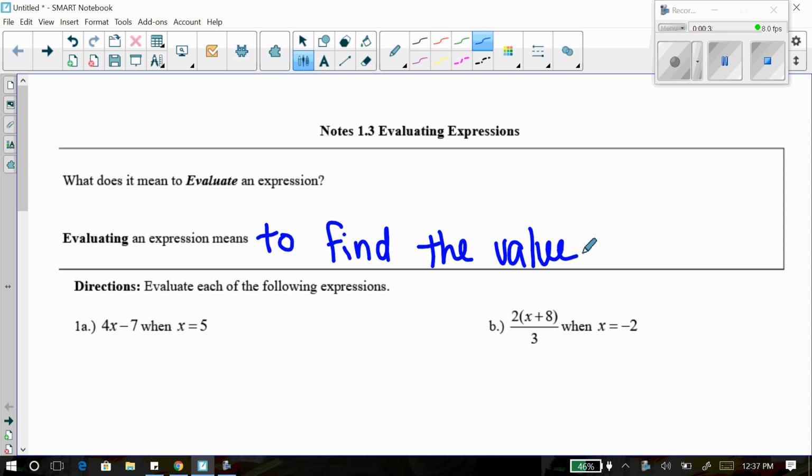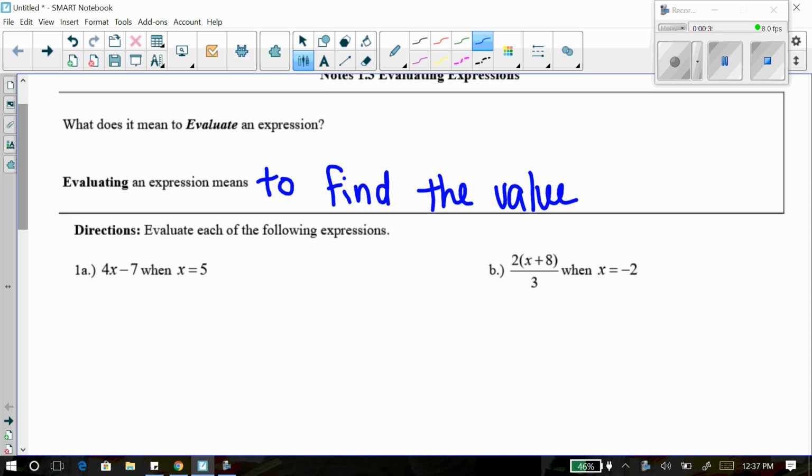Now you've done these before, so let's go through a few examples and I'll show you what I mean. So evaluate the following expressions. For example, if I gave you 4x minus 7, and I said, tell me what that equals when x equals 5. Well, everywhere I see an x, I'm going to put a 5 in.